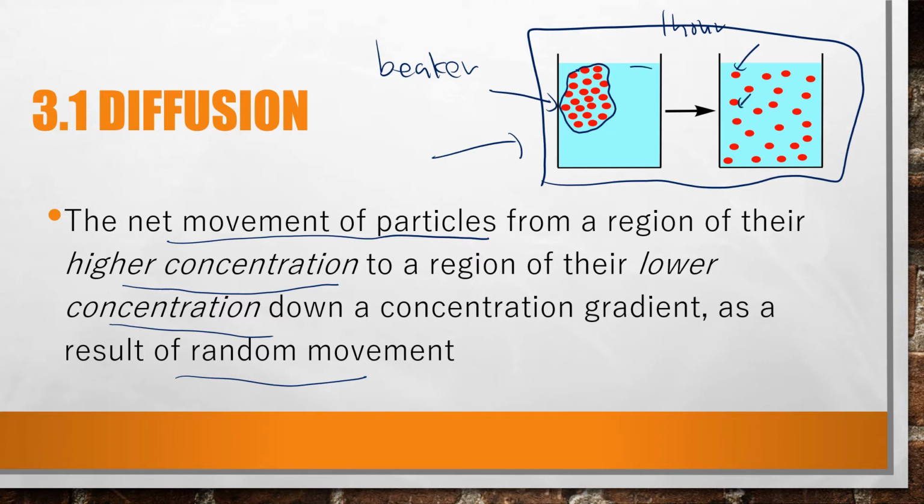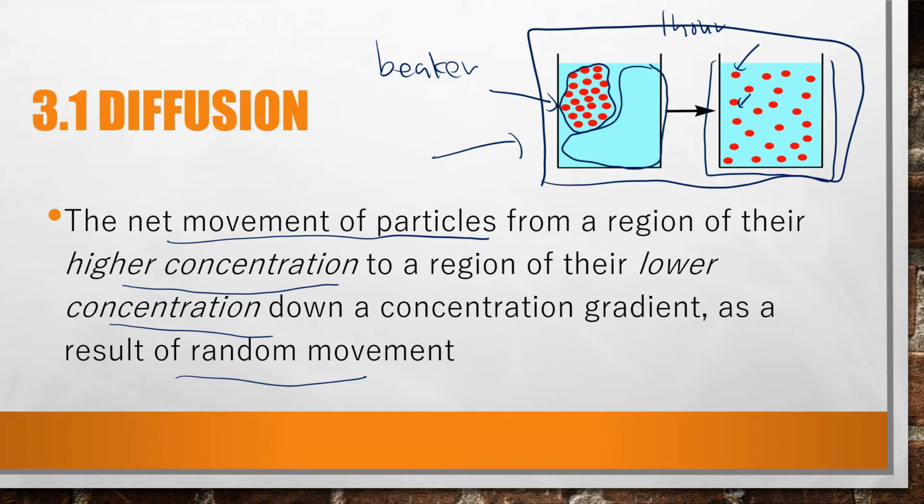Before, this area didn't contain any particles of the red liquid, but after 1 hour, we can see that the whole beaker contains red particles. So this kind of movement is known as diffusion.